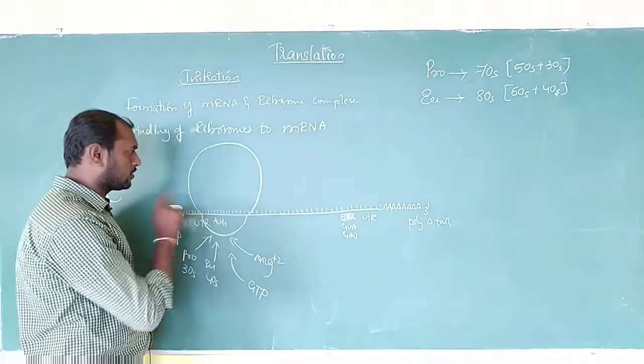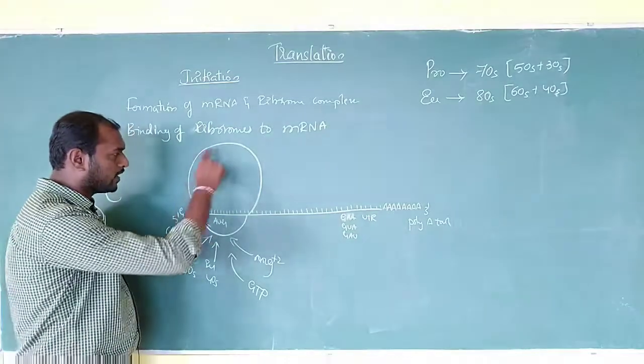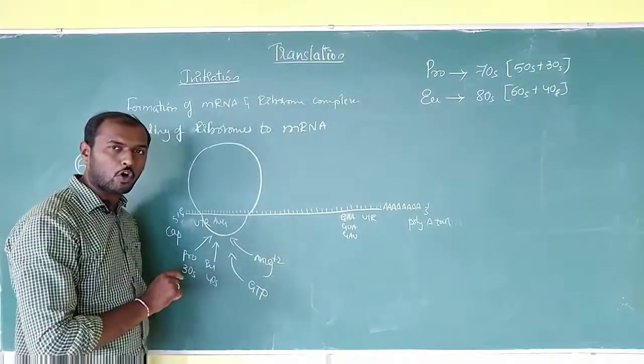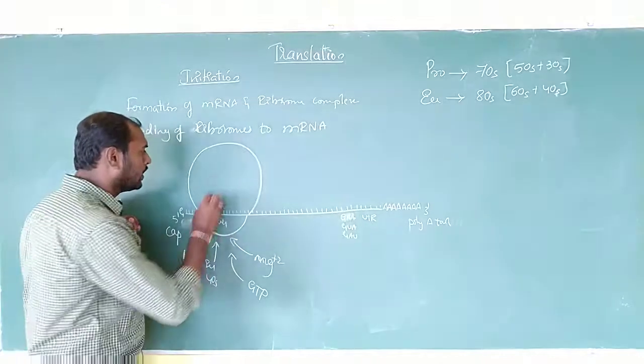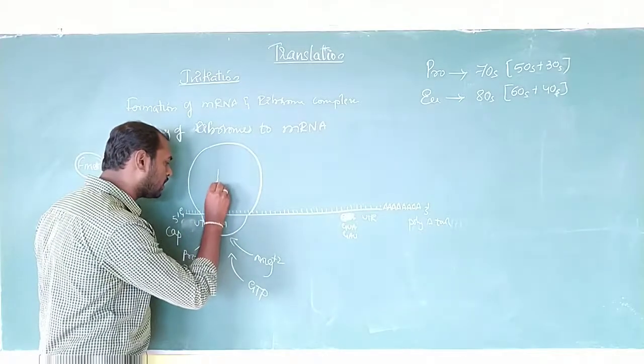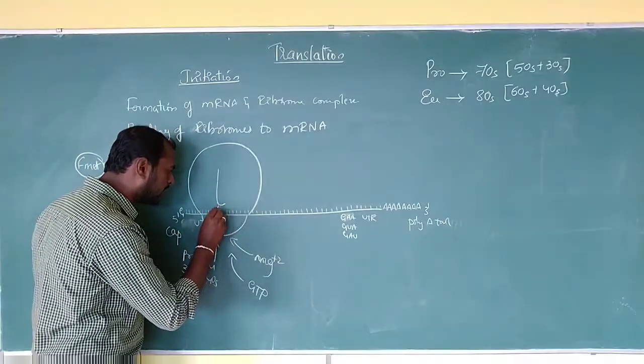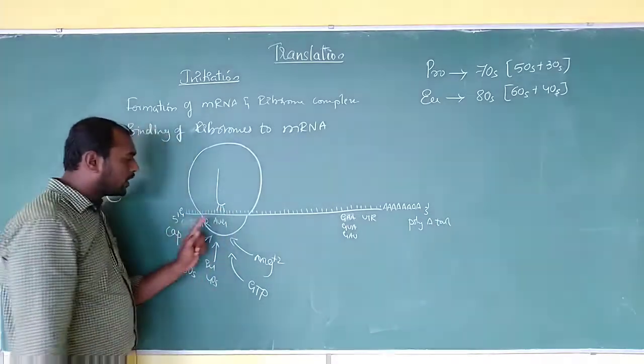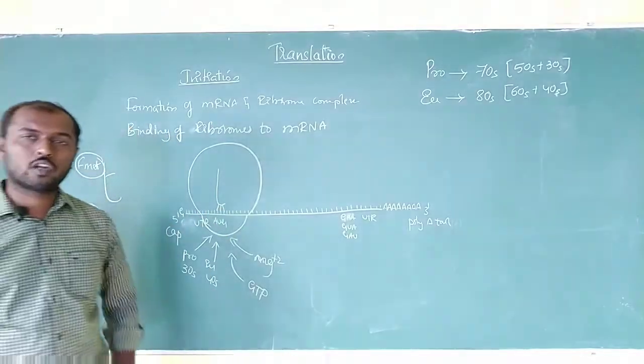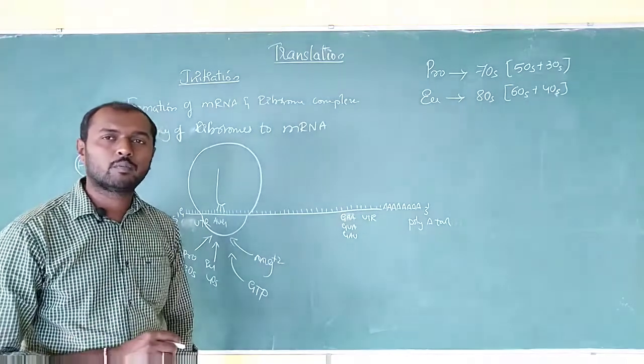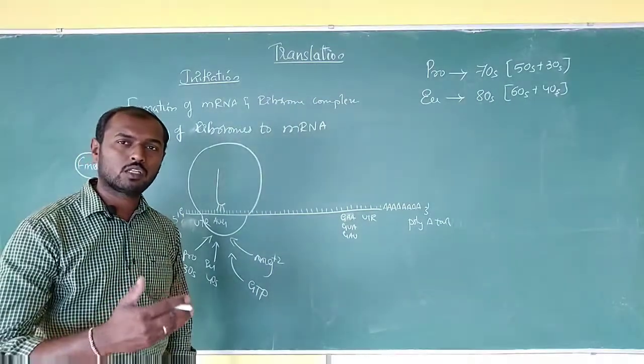So before this formation of the larger and smaller subunit complex, there is attachment of tRNA to the start codon. Binding of tRNA to the start codon is one step.